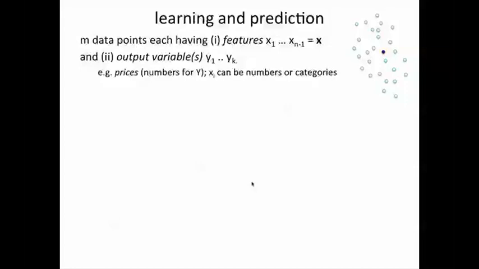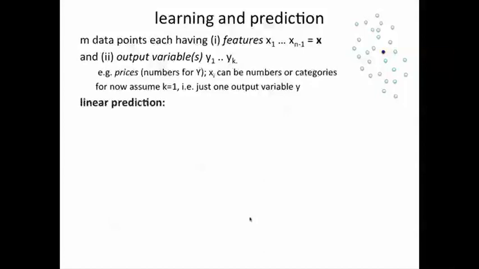But for the moment, let's talk about simply trying to predict the value y. In particular, we'll be talking about just one y output variable if you have knowledge about a large number of instances where you have features and the y values. The technique that we'll talk about is called linear prediction, or regression, or least squares, and it follows fairly naturally from our formulation of the learning problem in terms of finding the expected value of y given an instance x.